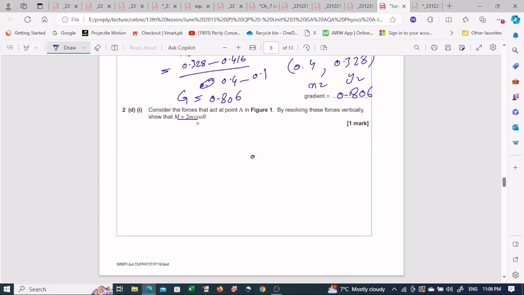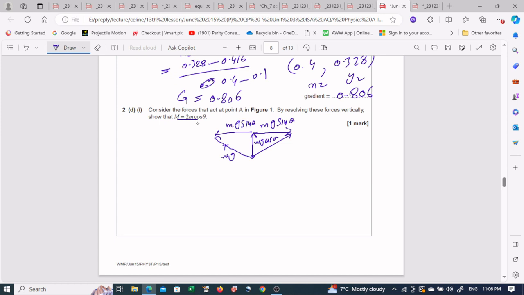I redraw this. There are two forces. One force is mg sine theta. This one is mg cosine theta, and this one is mg, and this one is sine theta.